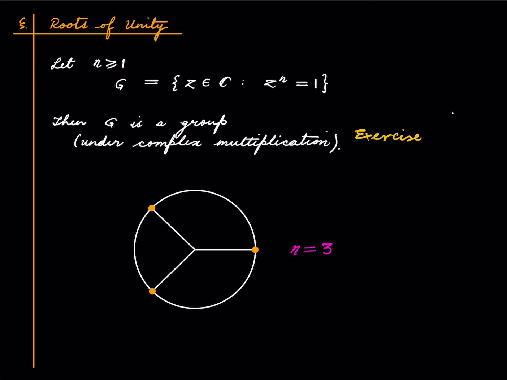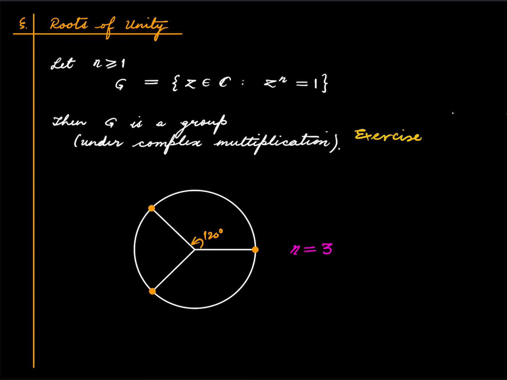For a better understanding, one can depict this via a picture. For n equals 3, you will see 3 different roots. Basically, this is 120 degrees, or 2 pi by 3 radians. So these are 3 points on the unit circle.